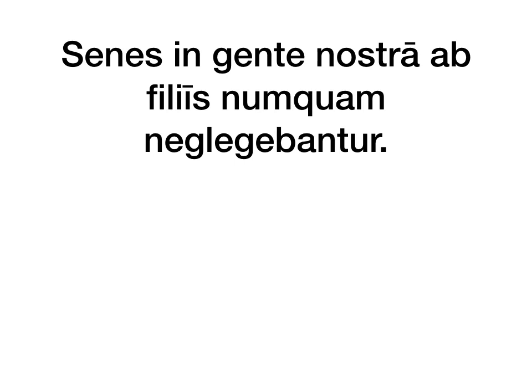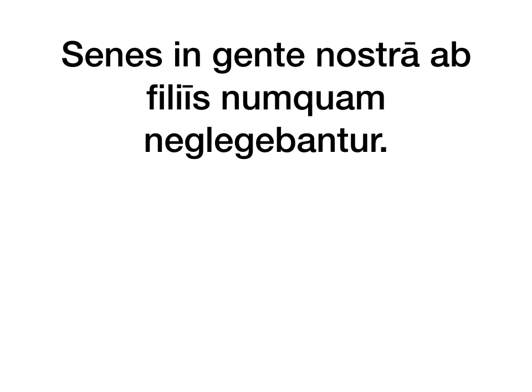Sines ingenta nostra ob filiis numquam neglegebontur. All right, as usual, I'm going to give a couple of hints that you can either choose to use when you translate it during this video after having paused it, or you can just pause it now.